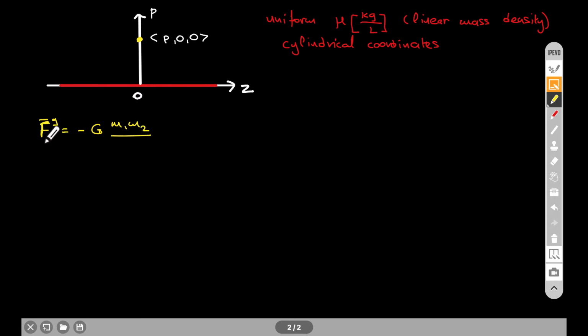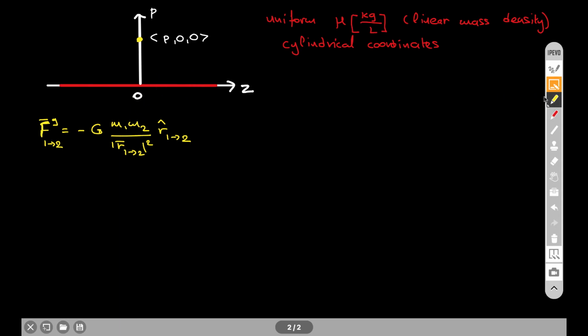If I'm interested in finding the force that one exerts on two, then this will be the r vector from 1 to 2, the magnitude squared, times r hat, where r hat is the unit vector from 1 to 2. This is the gravitational force between two point particles. Now, I don't have two point particles, so what do I do?